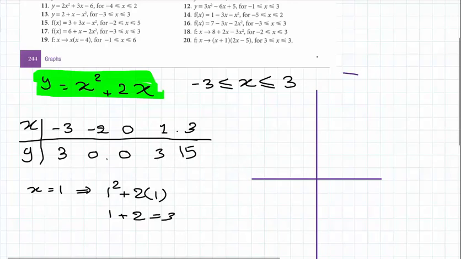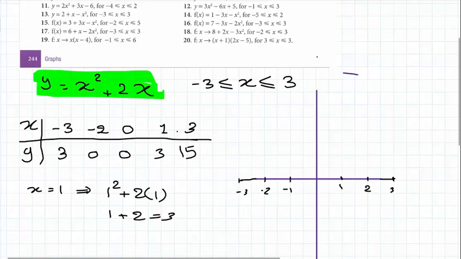Then let's plot now. On the x-axis we have 1, 2, 3 here, and -1, -2, -3 comes here. Now the y-axis is going by 1. We don't need to label it. Even if you label it, it's fine.